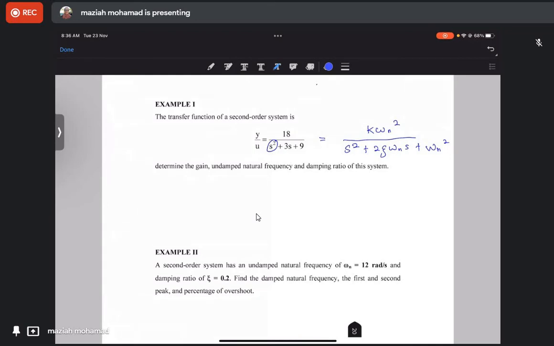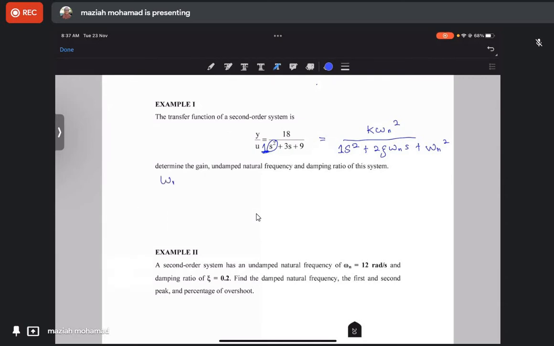We need to make sure the coefficient of s squared is 1. Since this is already in s squared, we can directly get the equations.